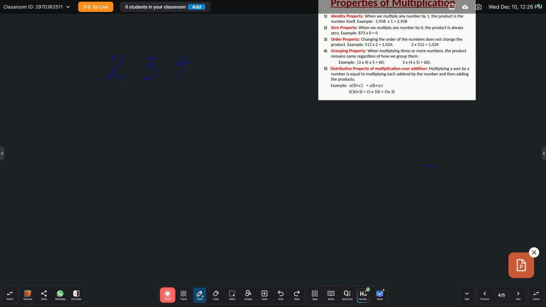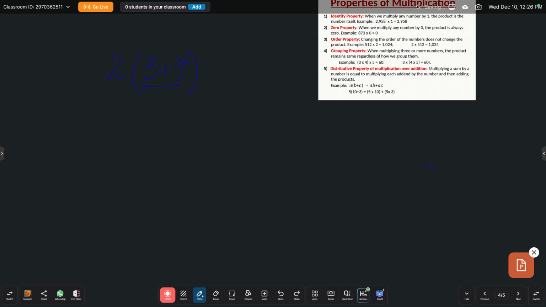What I will do is write a plus sign between these two numbers, and keep these two numbers in parentheses. Parentheses means brackets. So, what did I do here? I wrote 2. Then I started these parentheses and inside these brackets, I wrote 3 plus 4.